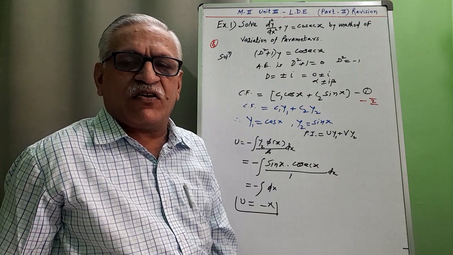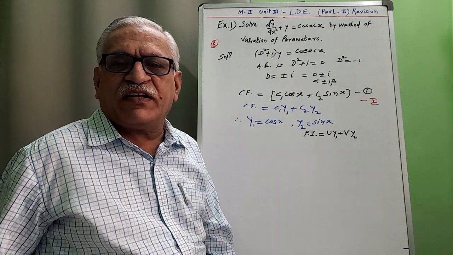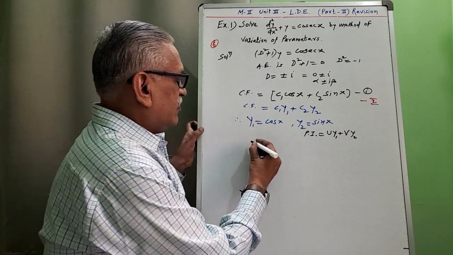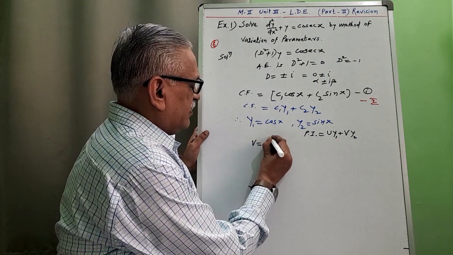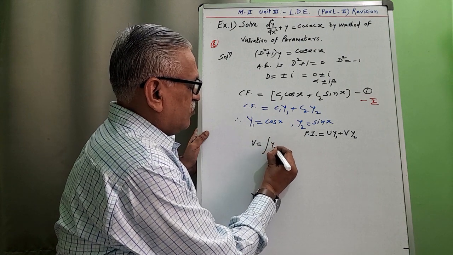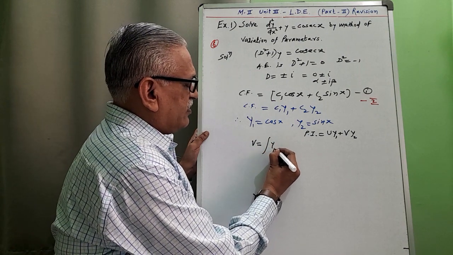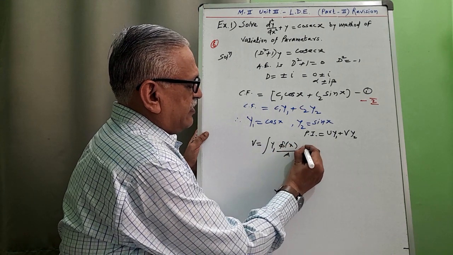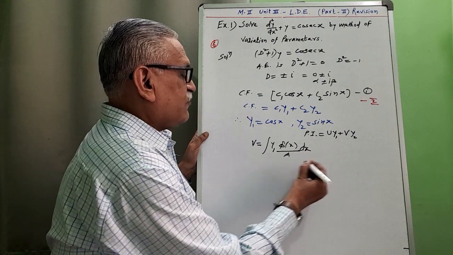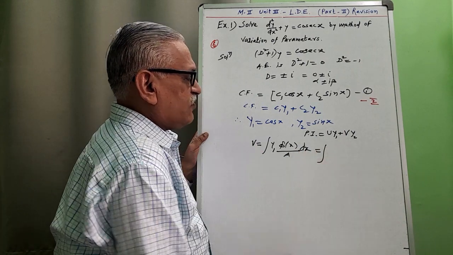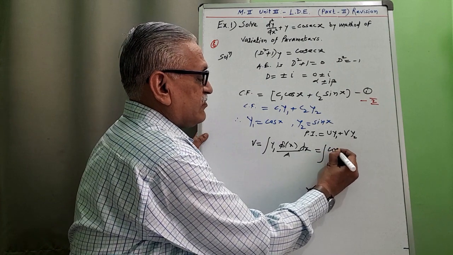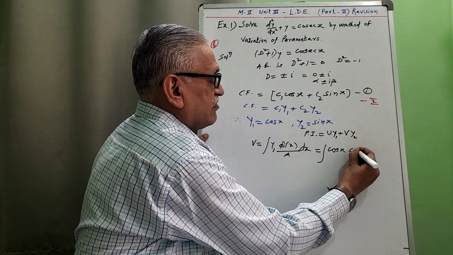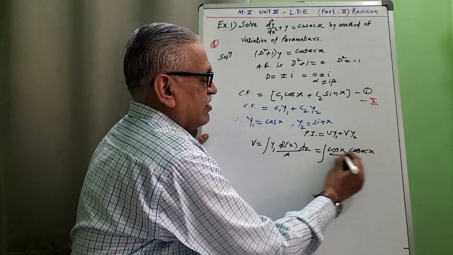Then we try to determine the value of V. For finding the value of U correct, you will get 1 mark. Then V is equal to integration of y1 into phi of x divided by A, and its integration with respect to x. Substituting the values, y1 is cos x, phi of x is cosec x, A is 1.